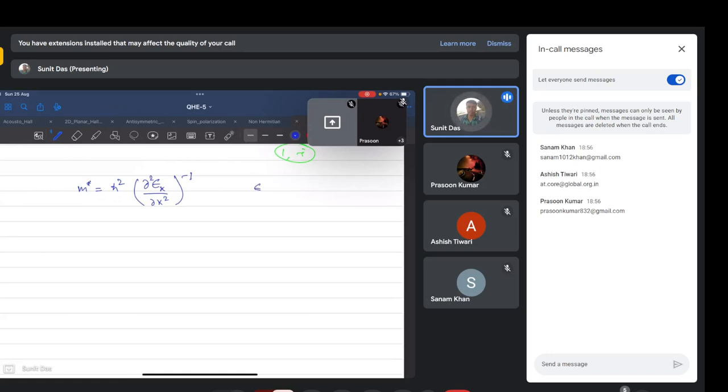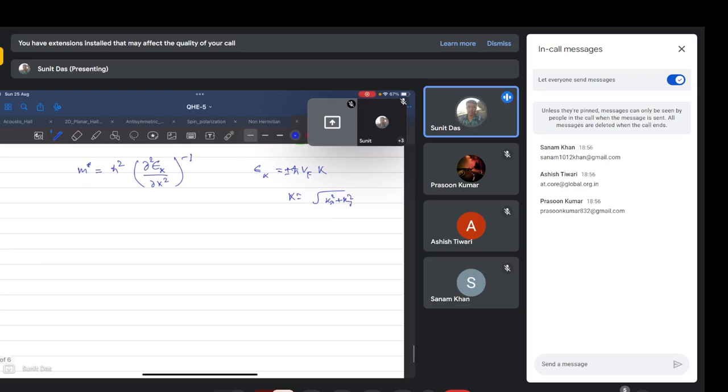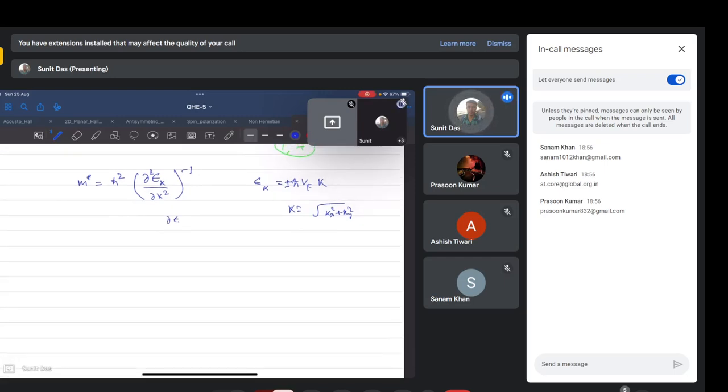Now epsilon k of graphene around the Dirac points is simply given by plus minus h bar vf k, where k is the square root of kx square plus ky square. So del epsilon k by del k will simply be plus minus h bar vf.